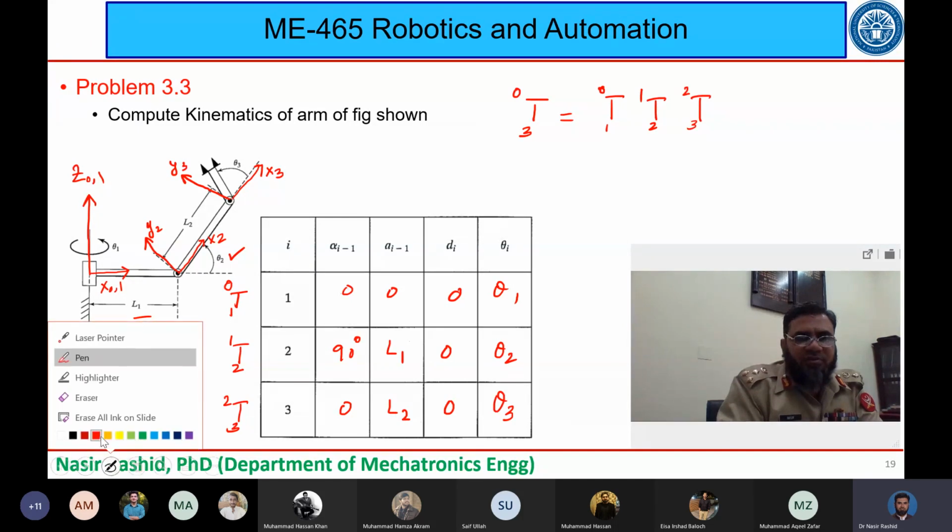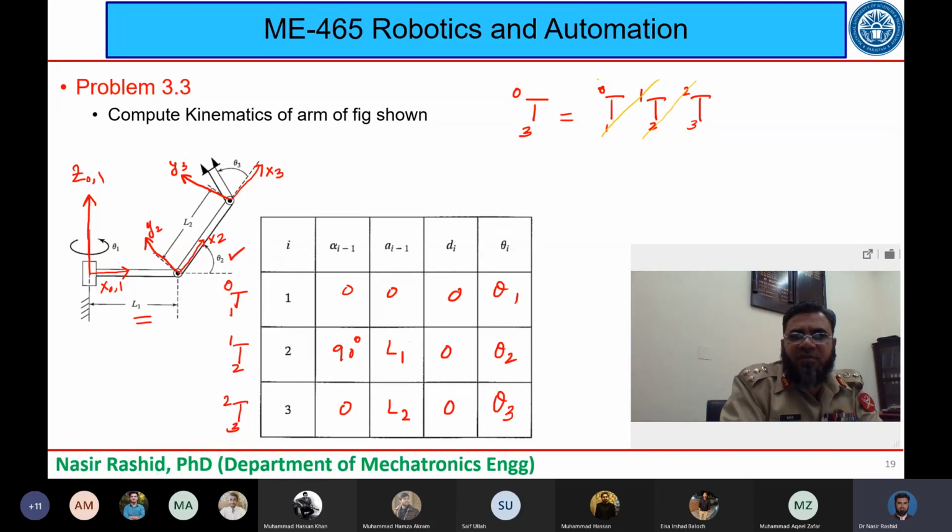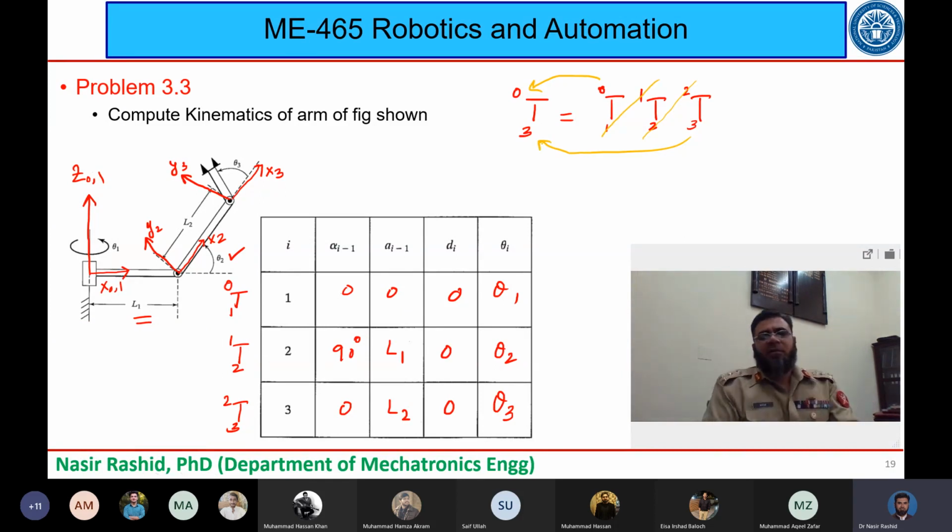And we know that this is correct because this will have same value, this will have same value. So we take 0 here and we take 3 here. So you can find out the transformation matrix 3 with respect to 0 with the base flow.